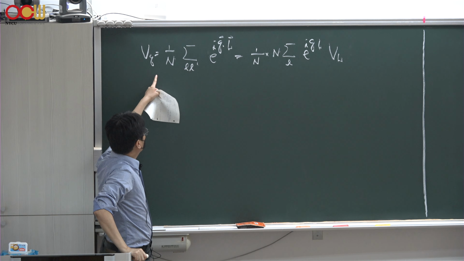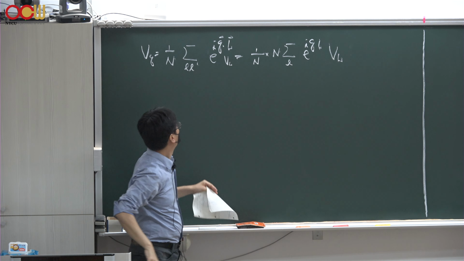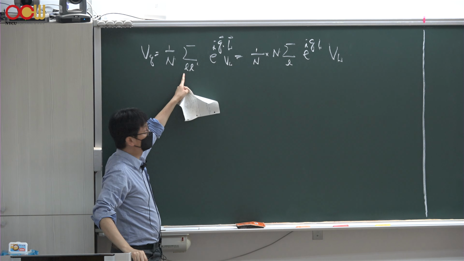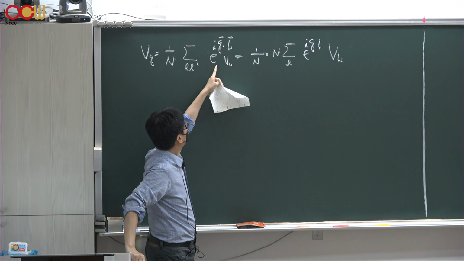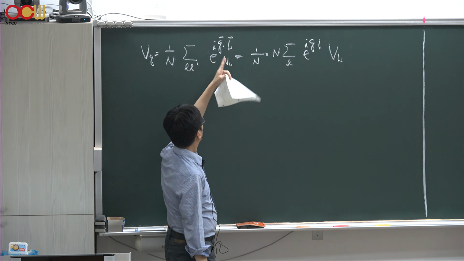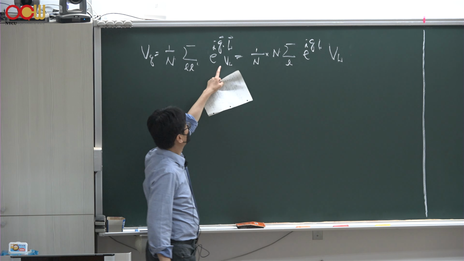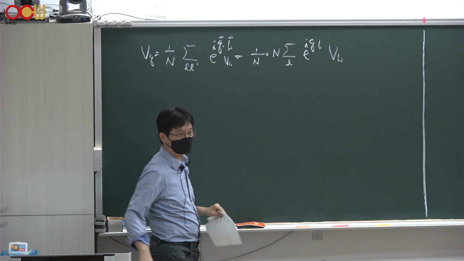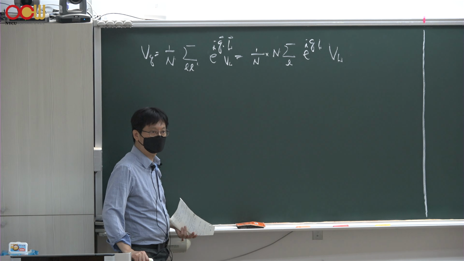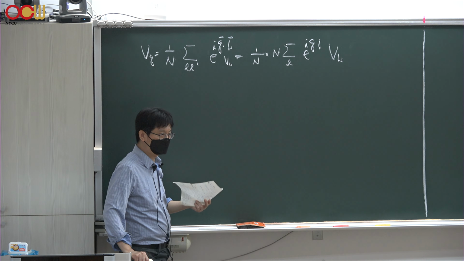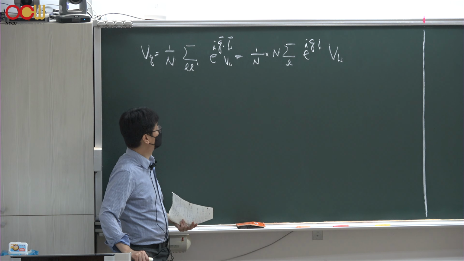Okay, so this V_Q is nothing but the Fourier sum of this V_L, and you need to sum over both L and L prime. But the inside summation depends only on the relative distance between L and L prime, and therefore there is just one extra dummy variable to be summed over.